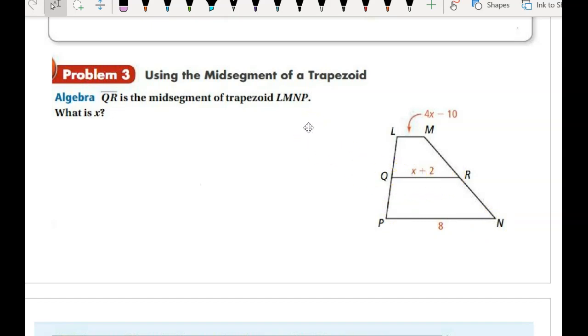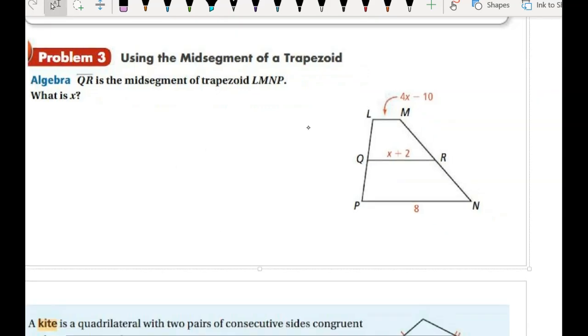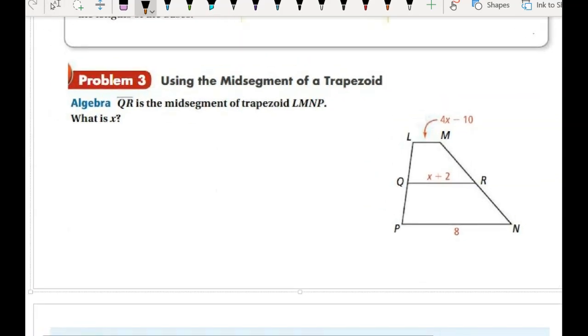So let's set up what we do know. We know that segment QR is equal to half of LM plus PN. So we know it's half of the sum of the bases.